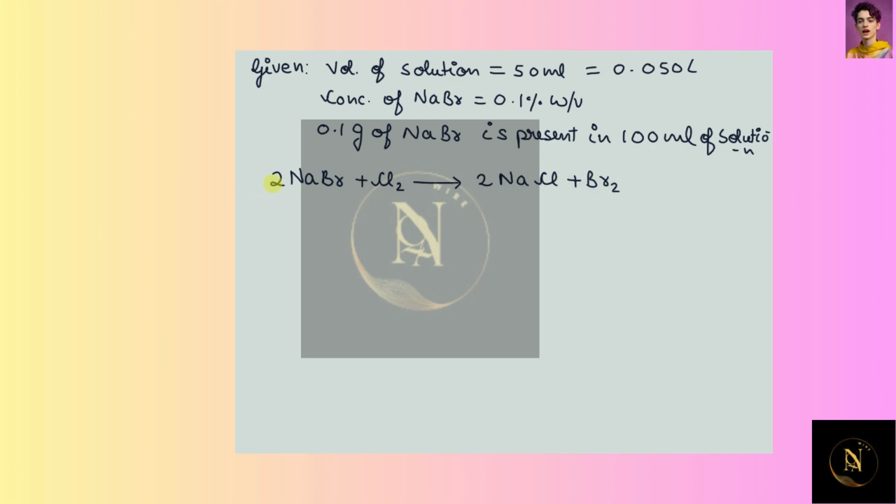So we have been given the amount of NaBr in 100 ml of solution, which is 0.1 gram, but the volume of solution is 50 ml. So here, as we can see, 0.1 gram of NaBr is present in 100 ml of solution.